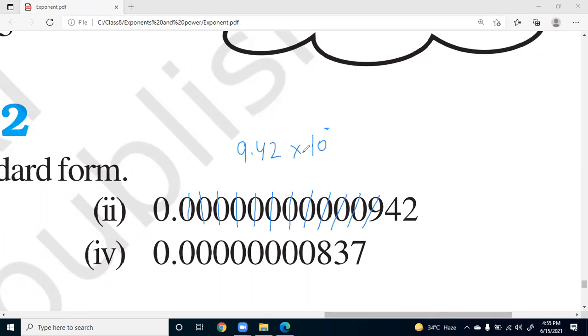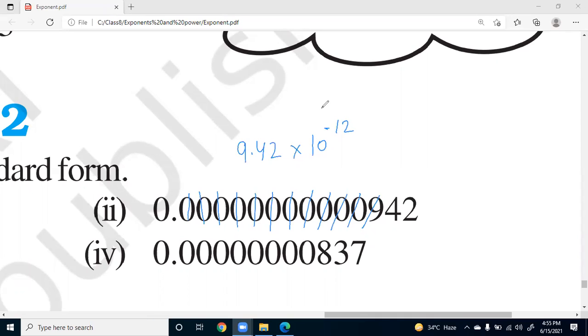9.42 into 10 raised to power minus 12. It is correct. Okay, Mahika, so check, are you also getting the same answer in second part? 9.42 into 10 raised to the power minus 12. Okay, so let's move to the fourth part.